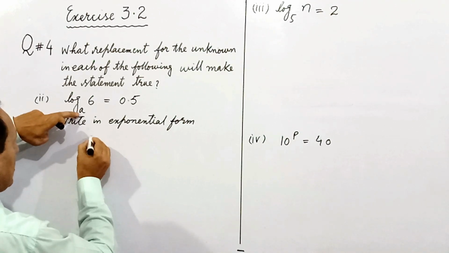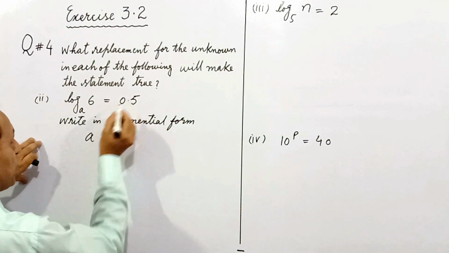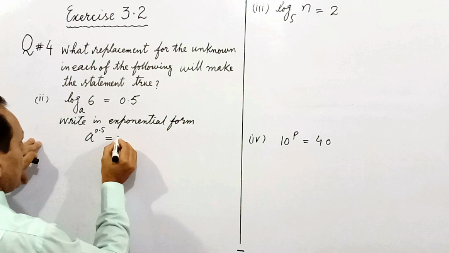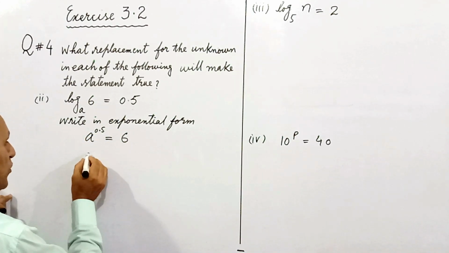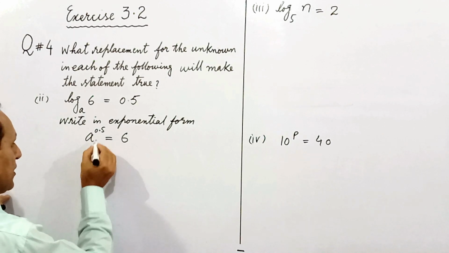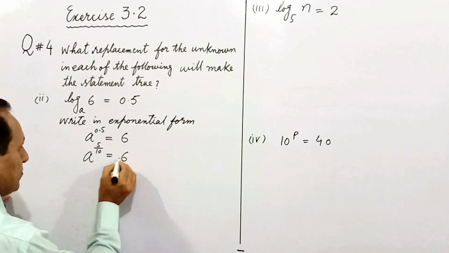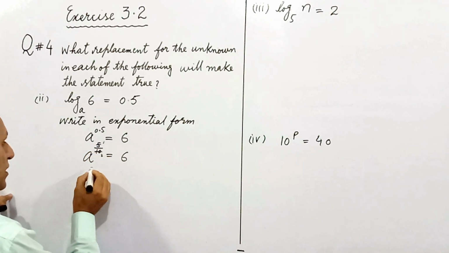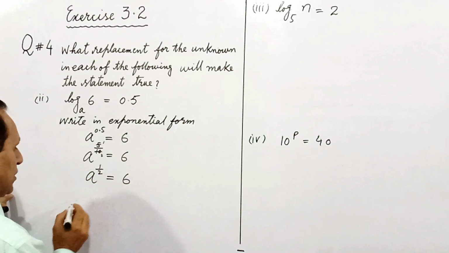Base will remain base and these values will exchange their position. 0.5 will become power and 6 will become the equivalent value. As 0.5 is a decimal value, we remove the decimal and write it as 5 over 10. 5 ones are 5 and 5 twos are 10. So we have a raised to power 1 over 2 is equal to 6.